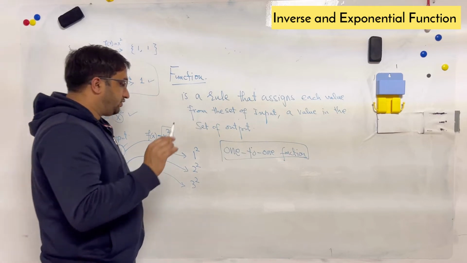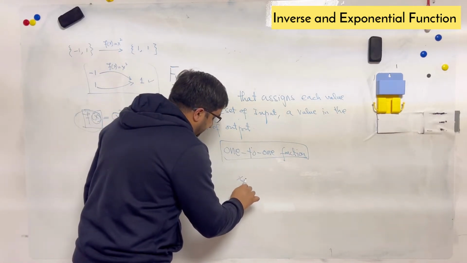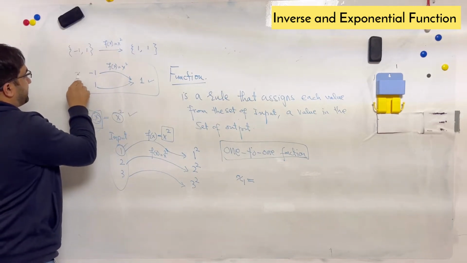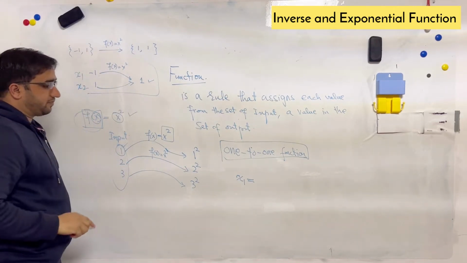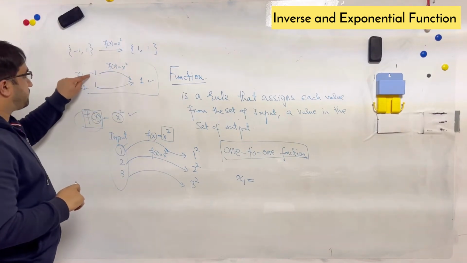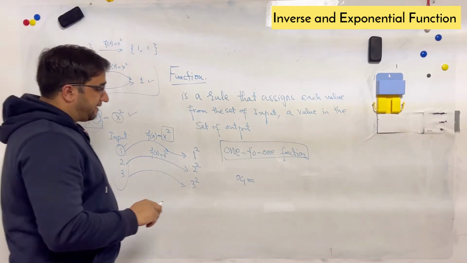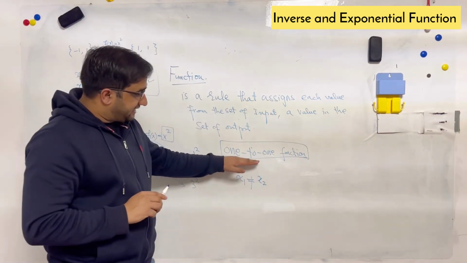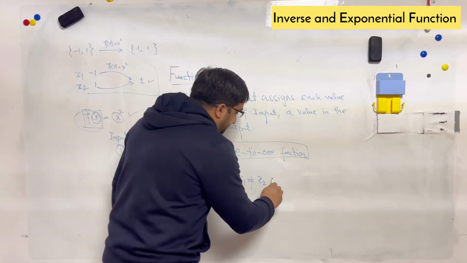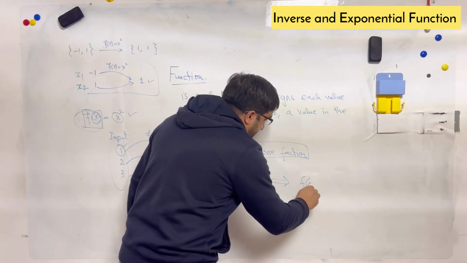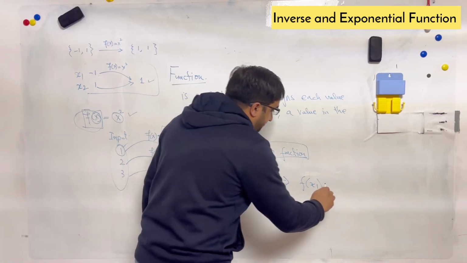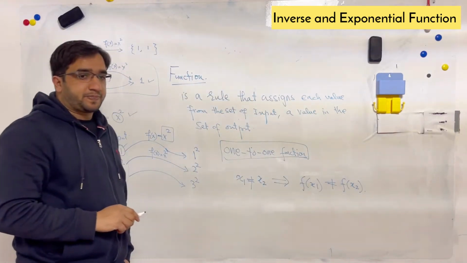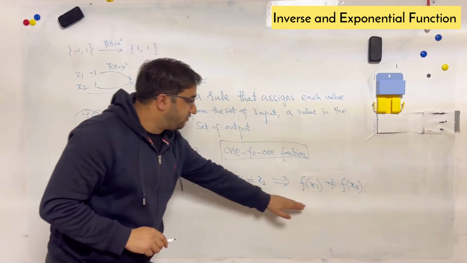If you have two values, the first one is x1 and the second one is x2, and of course minus 1 is never equal to 1, so I'm saying that x1 is not equal to x2. According to the definition of one-to-one function, the output of x1 must not be equal to the output of x2. In this case, this rule fails.